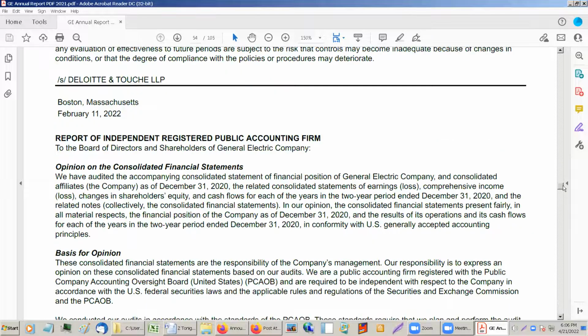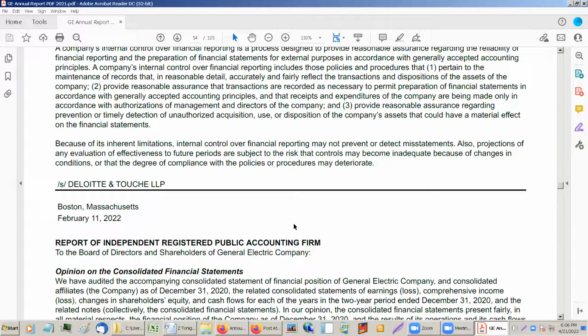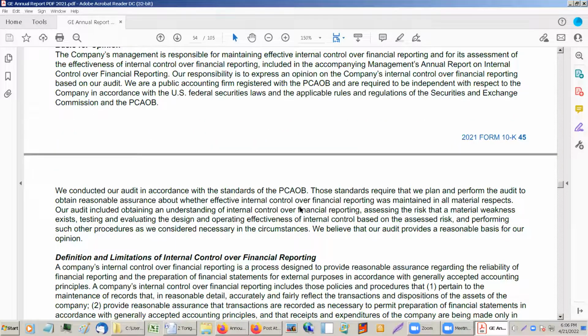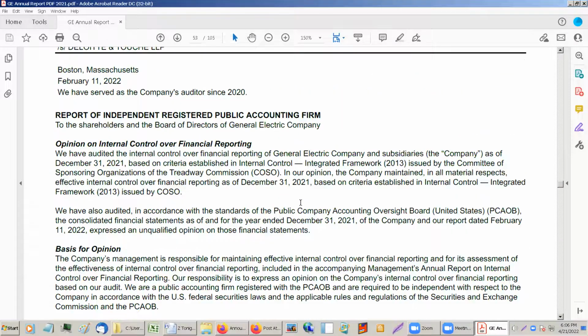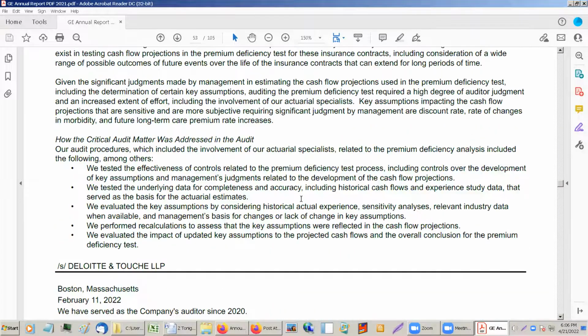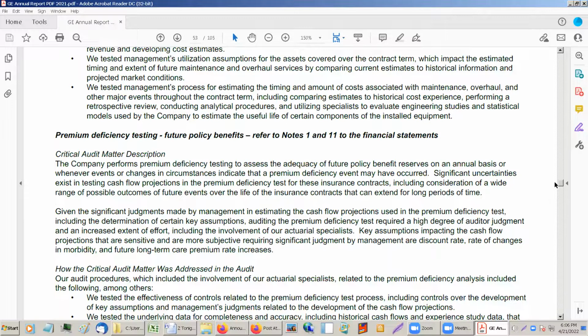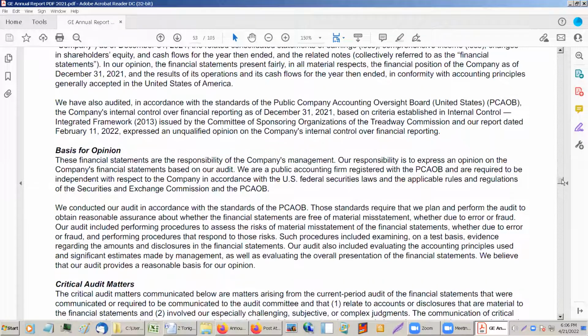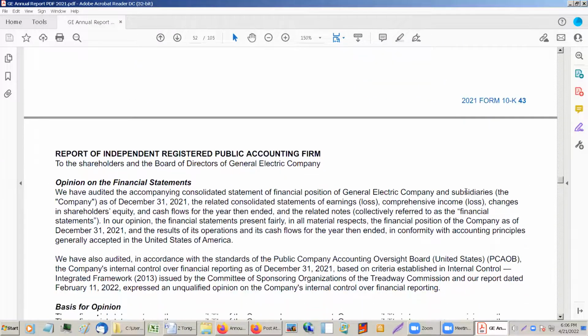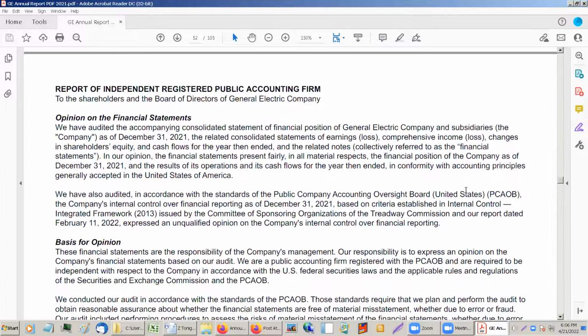And here's what we're looking for, the audit reports. Looks like it's on page 52.